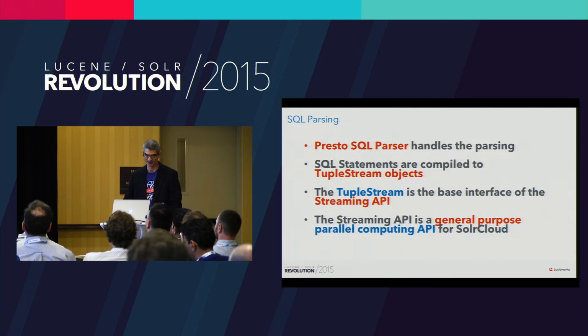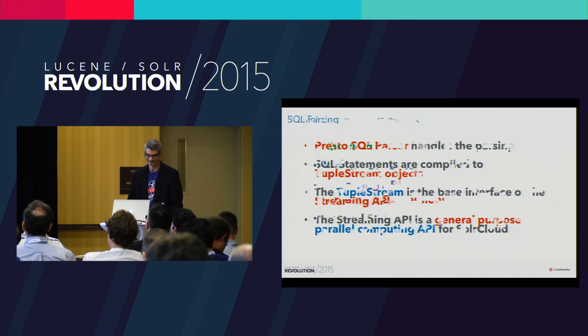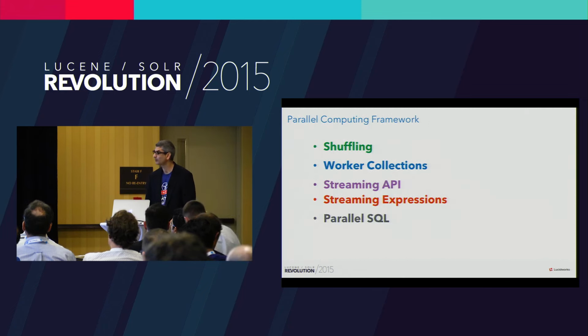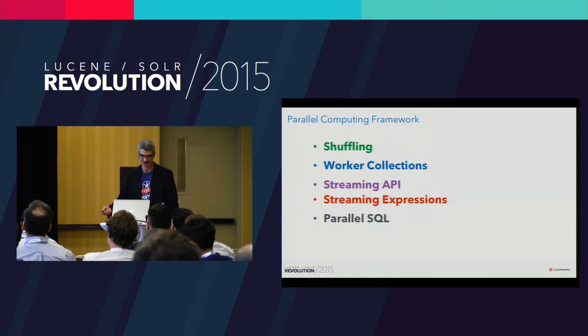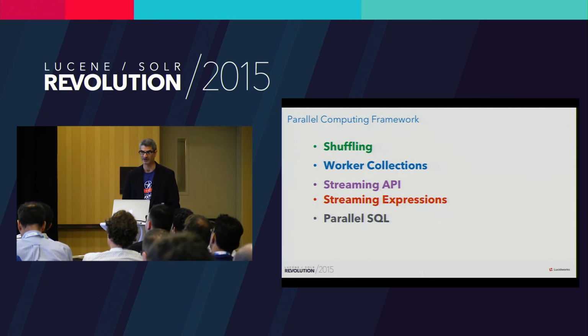So what you're doing is compiling SQL statements into the streaming API. And then the parallel computing framework on its own has different pieces to it. So we're going to go through those pieces. There's shuffling, there's worker collections, there's the streaming API, there's streaming expressions, and there's parallel SQL. And each one of these things builds up to provide more functionality for parallel computing.